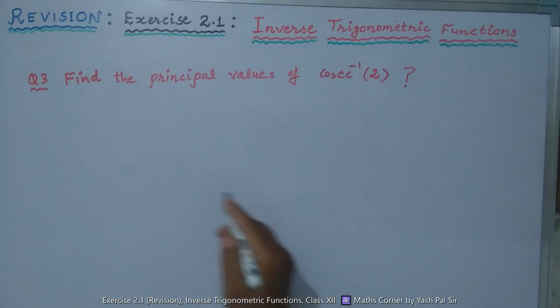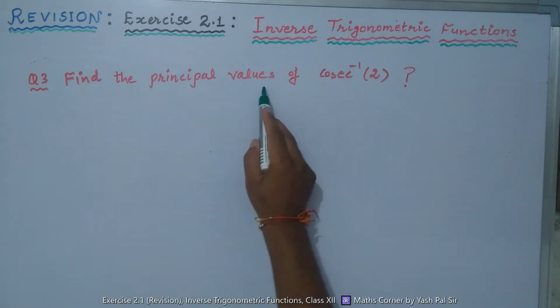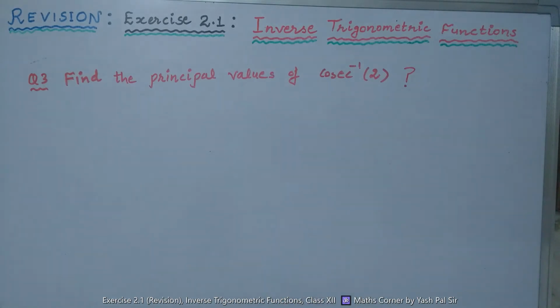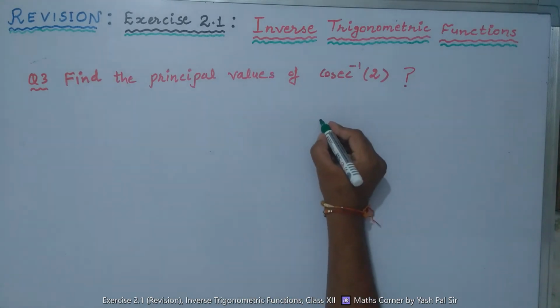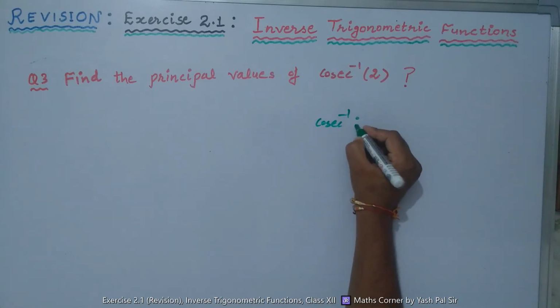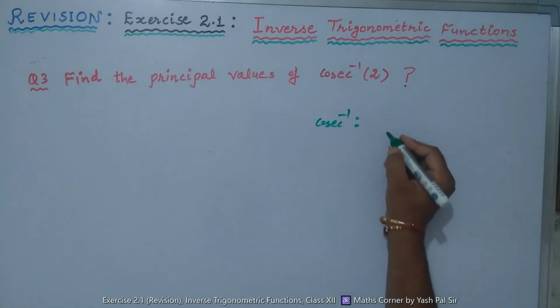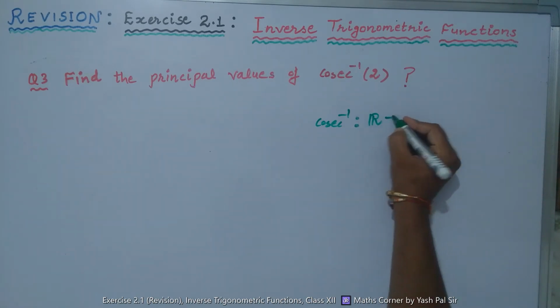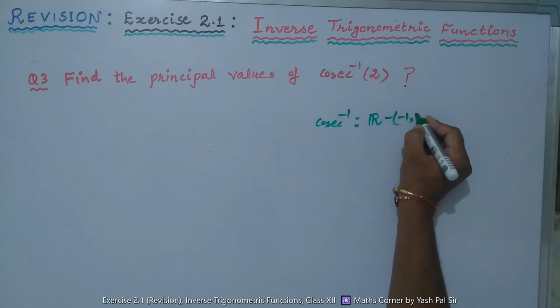Now coming to question number 3: find the principal value of cosecant inverse of 2. First of all, for the cosecant inverse function, the principal value branch has domain the set of all real numbers except minus 1 to plus 1.